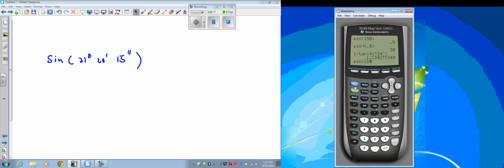Even though the calculator's in degree mode, I'm going to have to force the degree. So I go second angle, and I can just push 1. And then I go 20, second angle, and then I can just push 2. But now notice that there's no seconds. 2 is minutes, but there's no seconds. So then I have to do 15.